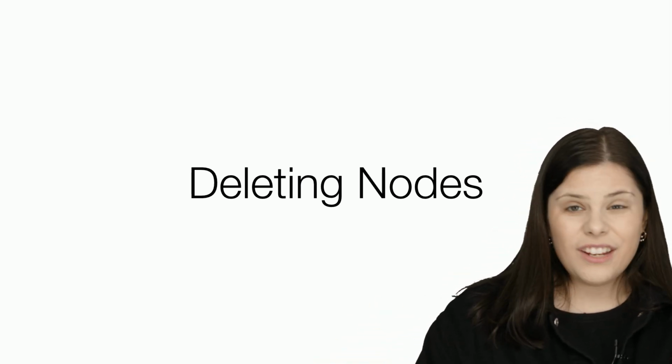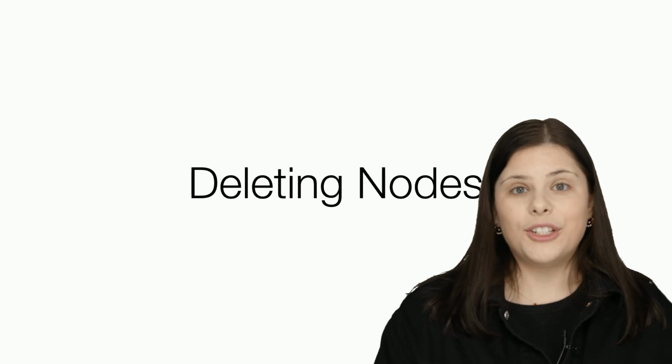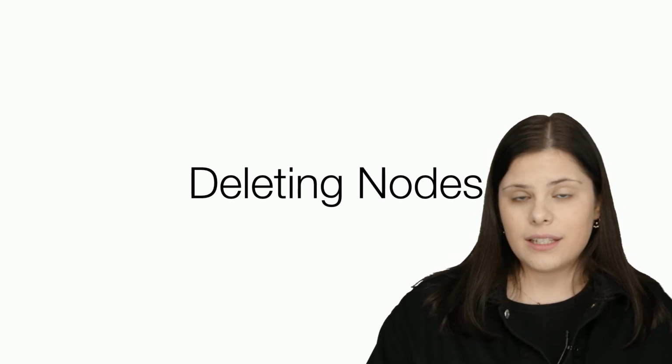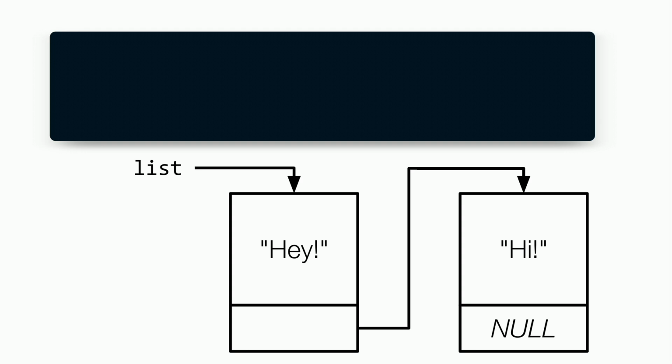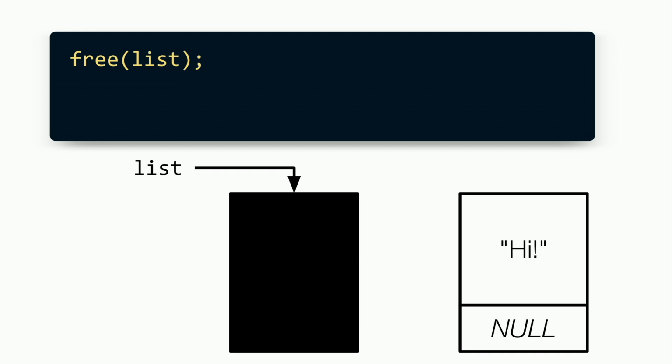Well, just calling free is easy, but how do we actually do that on the linked list? So let's go back to what we had before, which is our two-element linked list, "hey" and "hi," just two elements. Well, a very easy way would be, list is pointing to the first element, so I can just do something like free list, and get rid of all of that memory that I've allocated before.